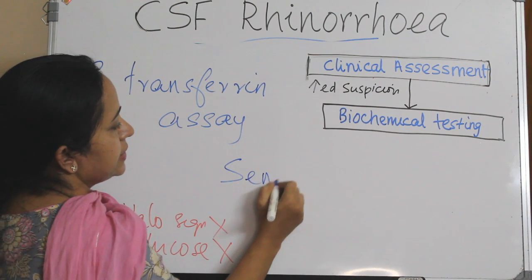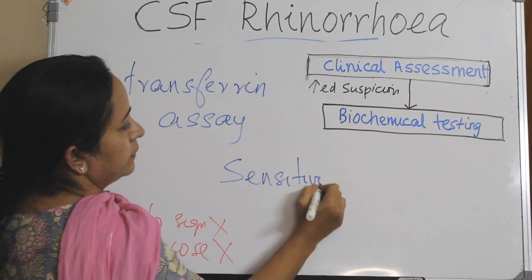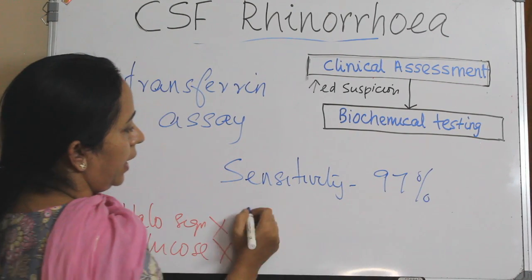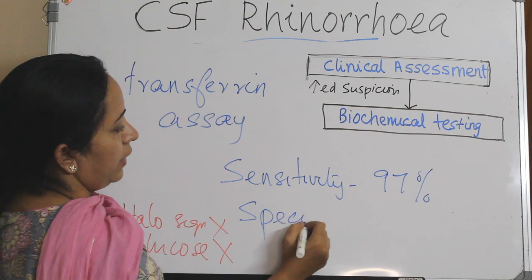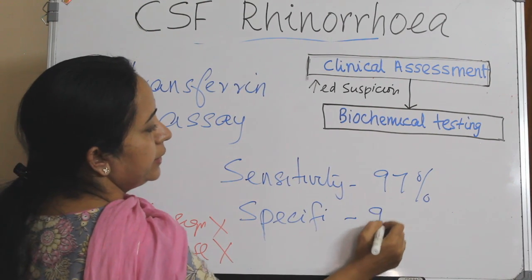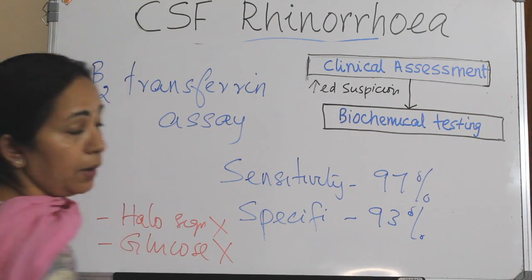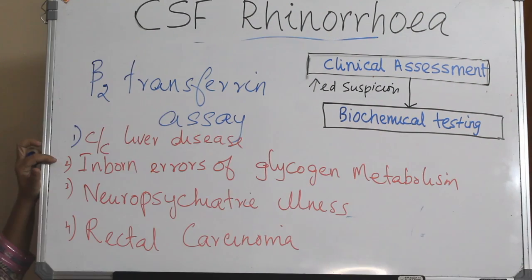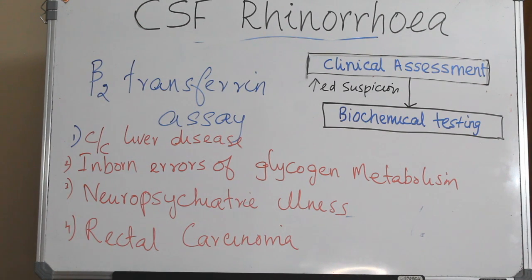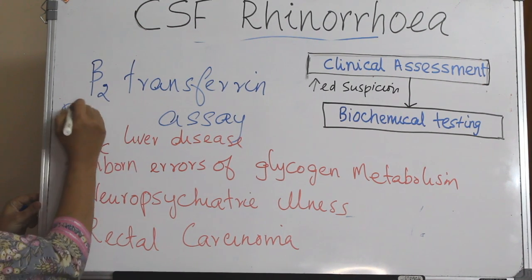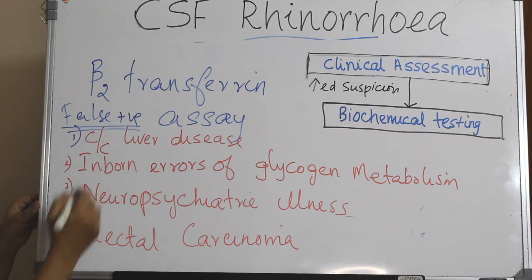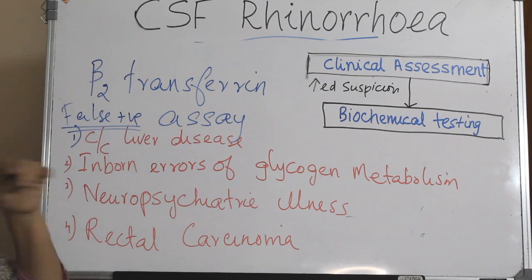It has got a sensitivity of around 97% and a specificity of around 93%. Okay, but this can give false positive results in conditions like inborn errors of glycogen metabolism, neuropsychiatric illness and rectal carcinoma. All these will give a false positive result for a beta-2 transferrin assay.